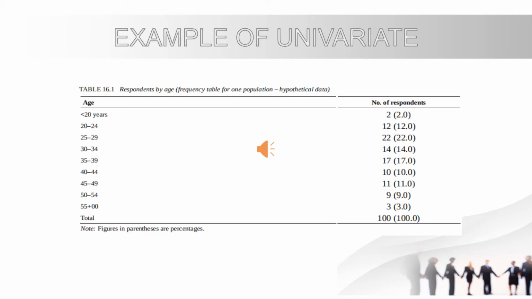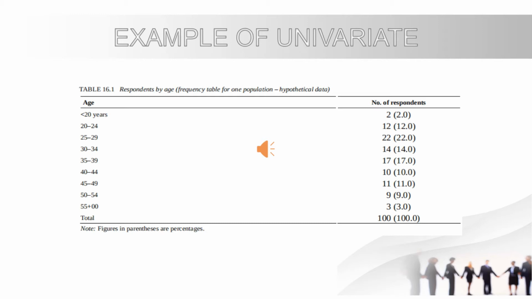So the first example is the first type of table, what we know as the univariate. In table 16.1, these are respondents by age. So you have the frequency table for one population. This is hypothetical data. In this table, you can see the details of your respondents' age. You have the age bracket, less than 20 years, 20 to 24, 25 to 29, until the last part, which is 55 and above.